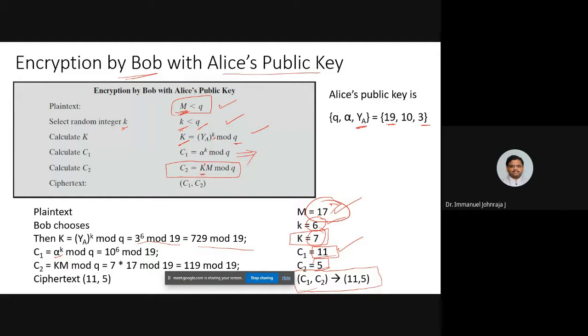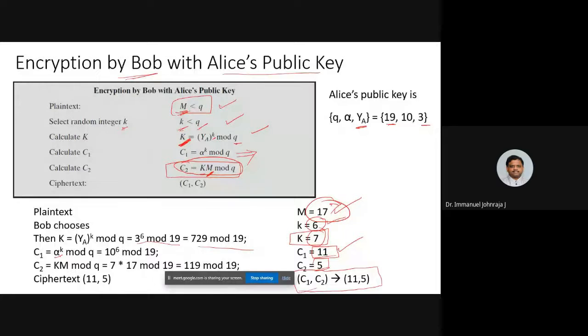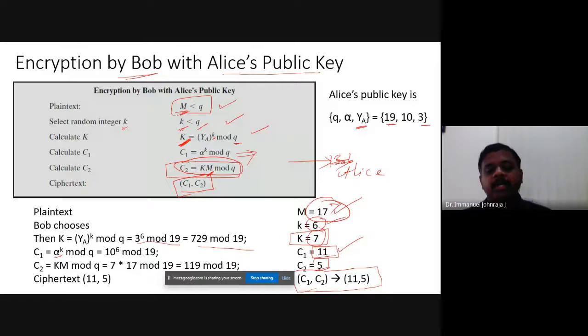M is your original message, C2 contains the juice or essence of the message here. So C1 and C2, these two numbers are exchanged across to Bob, sorry, to Alice, because it comes in the reverse.